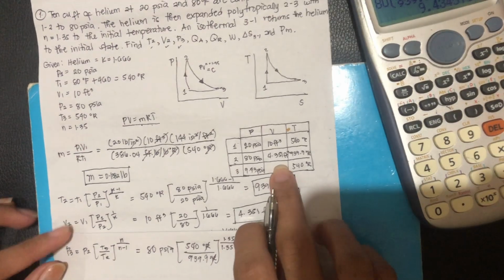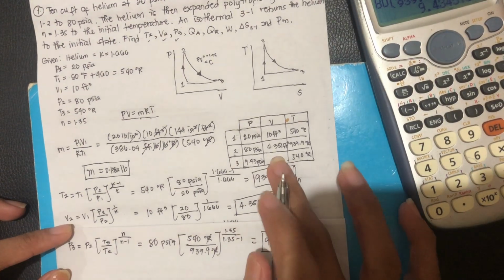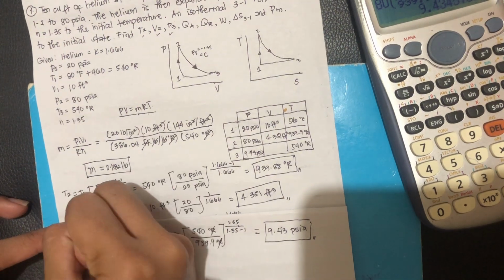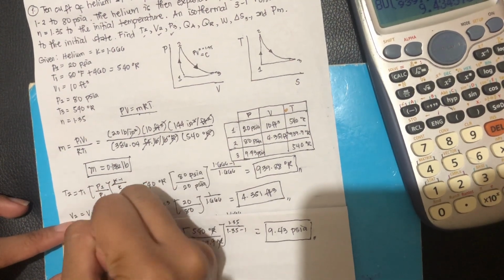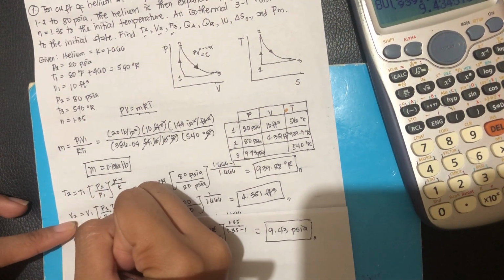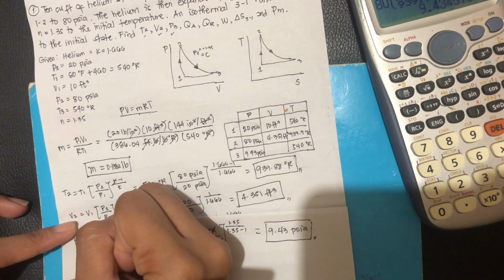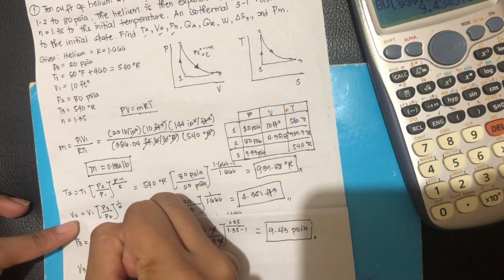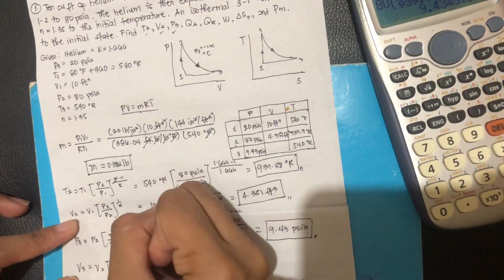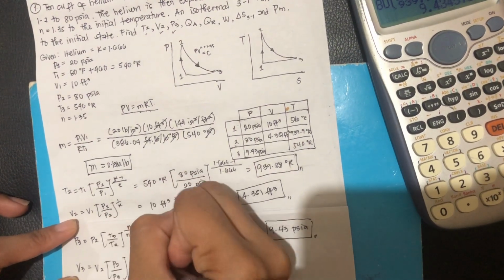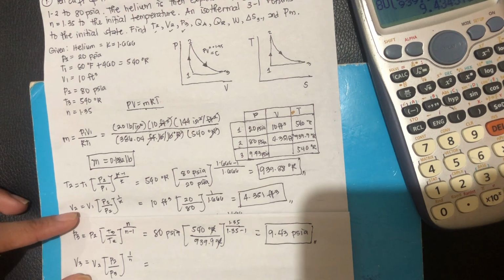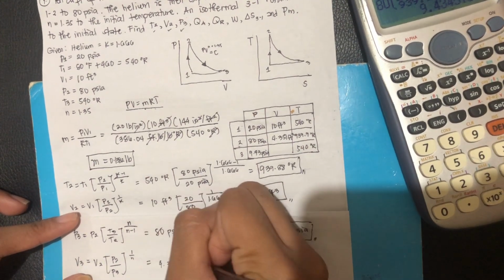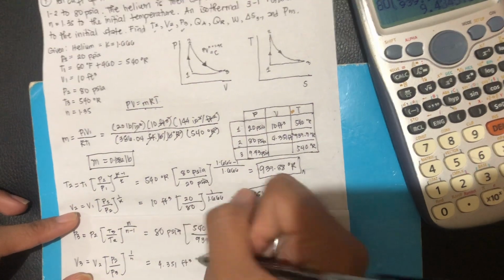Next, last na nato is ang V4. Ay, V3. So pagka sa V3, V3 is equal to V2 over P2 minus P3, I mean, then 1 minus N. So substitute na nato. Atong V2 nga 4.351 feet cube.